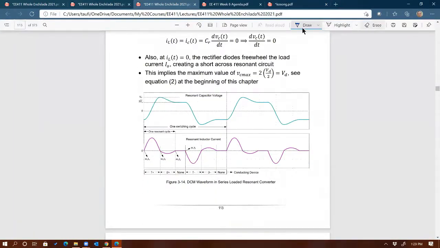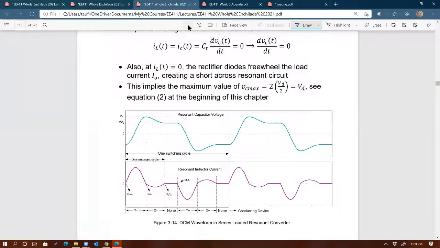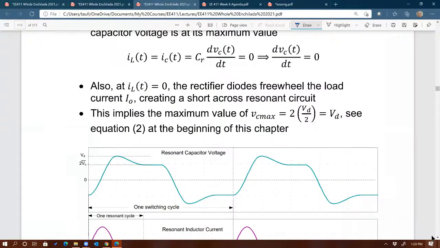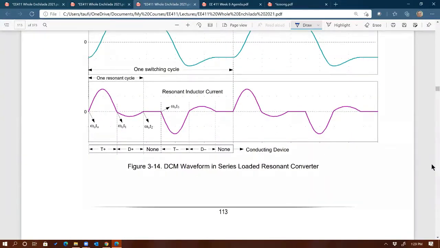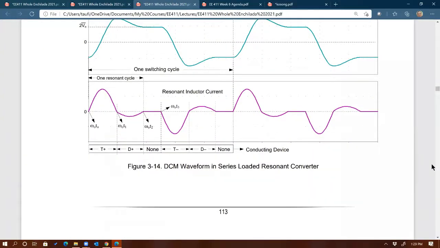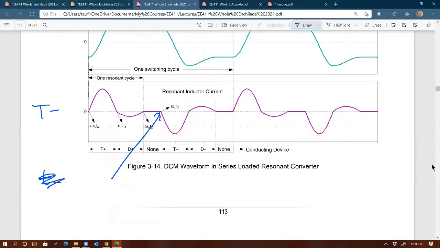Right there, let's just pick one switch. Let's pick T plus, because they're symmetrical. So if you find out T plus, then T minus is going to be the same. Let's pick T minus as the switch. So what happens at T0 minus and at T0 plus?